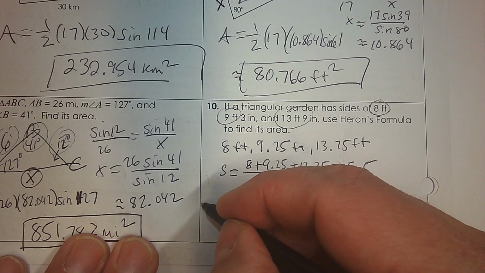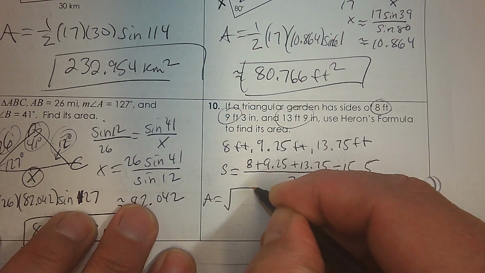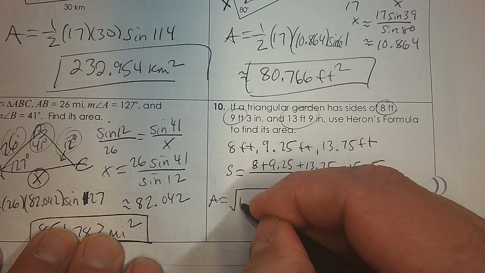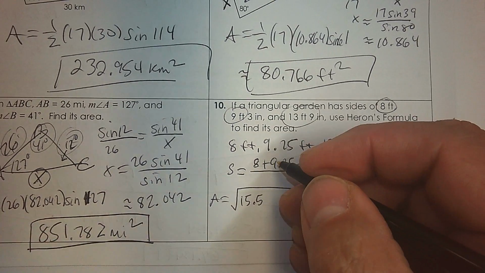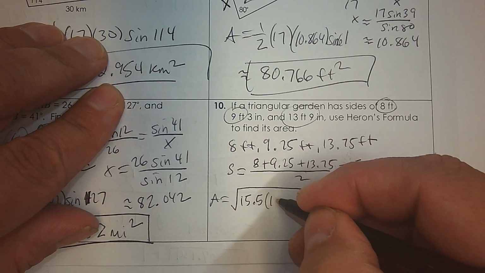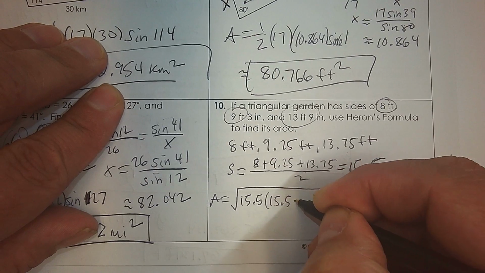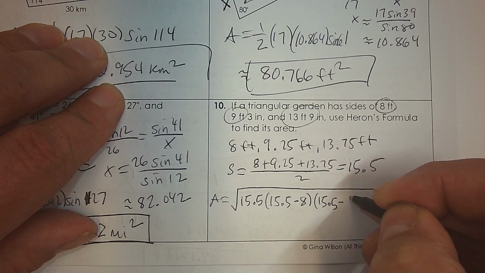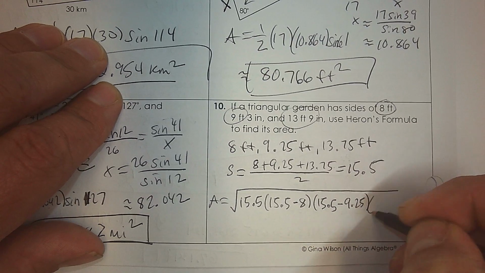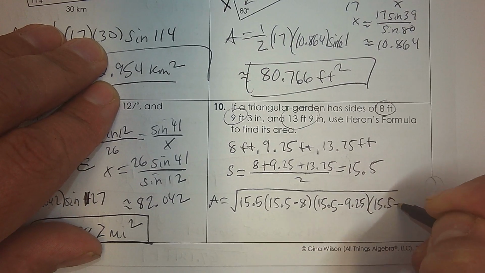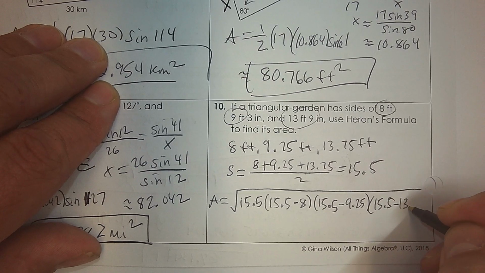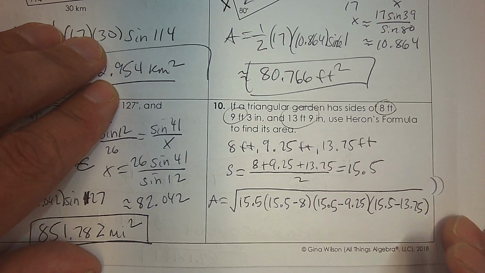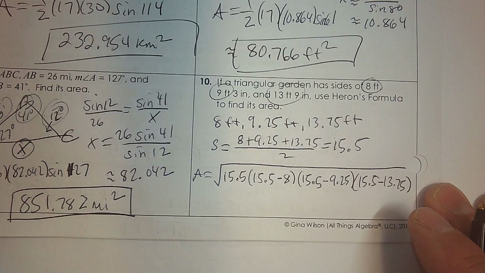Then the area is one big square root sign, and we start with 15.5. And then you subtract 15.5 from each side one at a time. 8, then 15.5 subtract 9.25, and then 15.5 subtract 13.75. So be careful how you type that in your calculator.